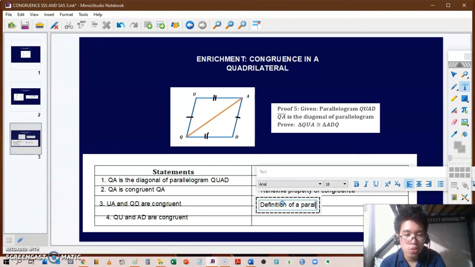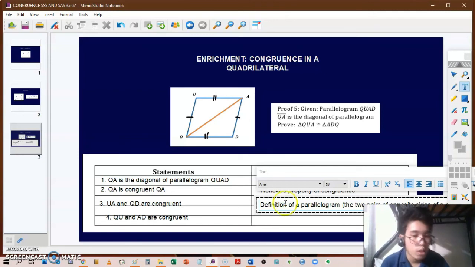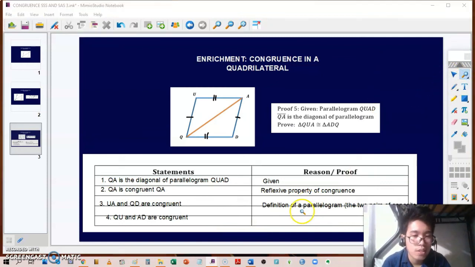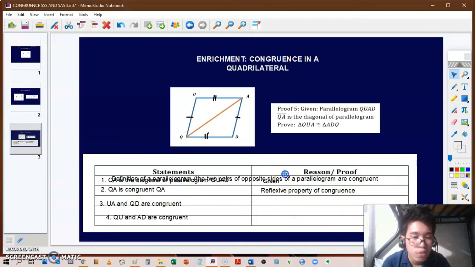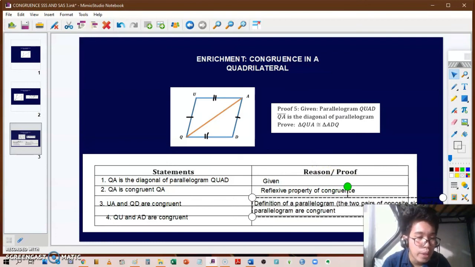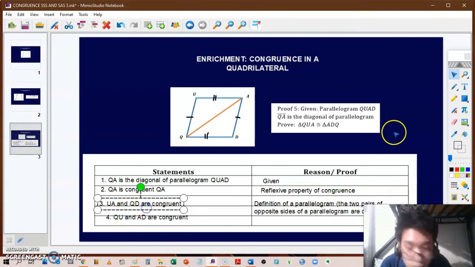But if you want to make it more specific, we can write that the two pairs of opposite sides of a parallelogram are congruent. You can simply write the definition of a parallelogram as the reason, or go specific: the two pairs of opposite sides of a parallelogram are congruent. Let's write that neatly.